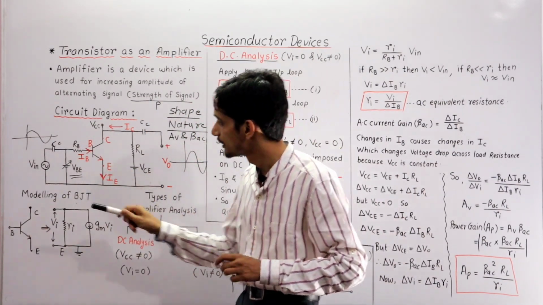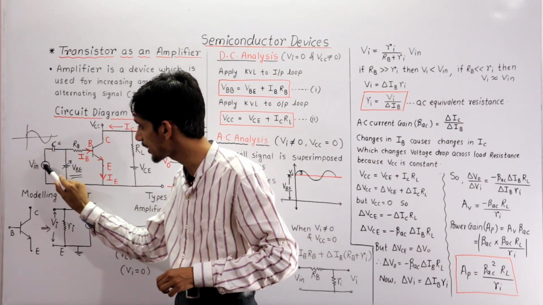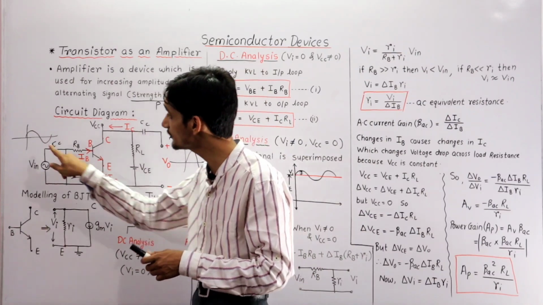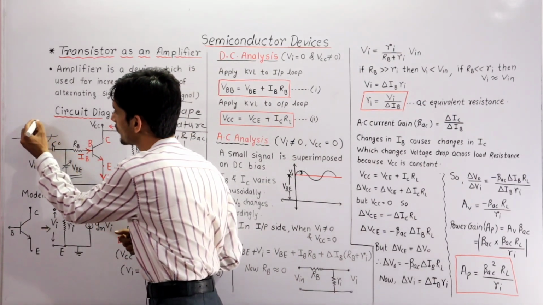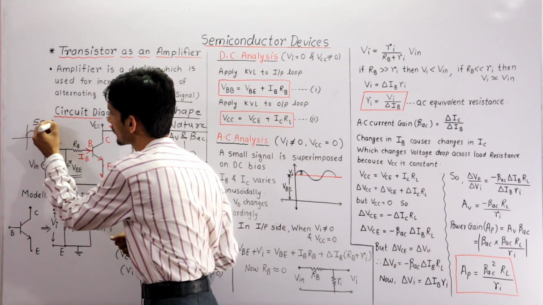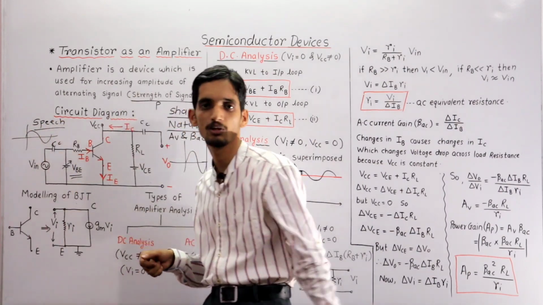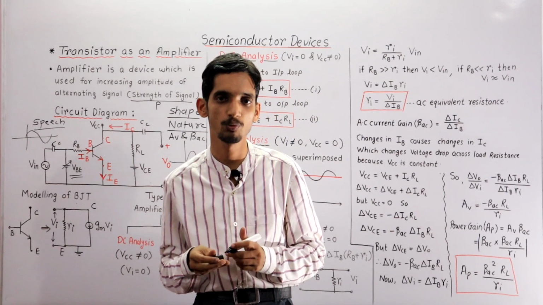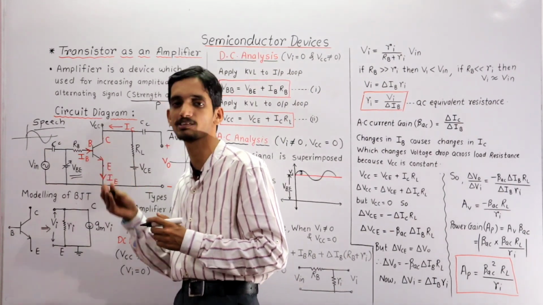Clear? Now this is the input signal which I am going to apply to this particular amplifier, and this input signal is actually a speech signal. Why a speech signal? Because we have to amplify this sound, we have to increase the strength of the signal.